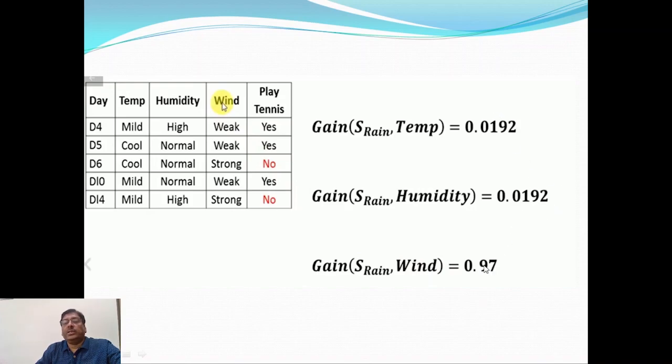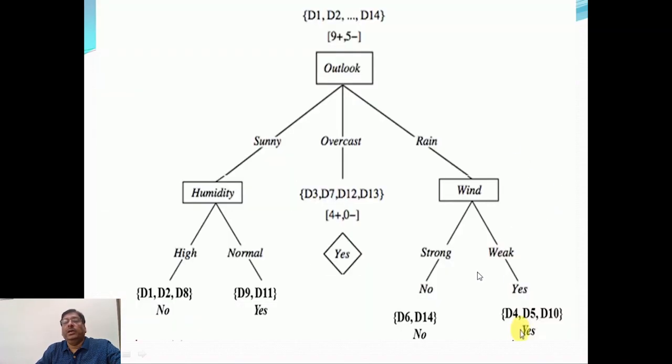That means the highest gain comes with wind, so in rain you are going to have a node called wind, and then you have the values for wind as strong and weak. Based on that, you can decide whether play can happen or not.